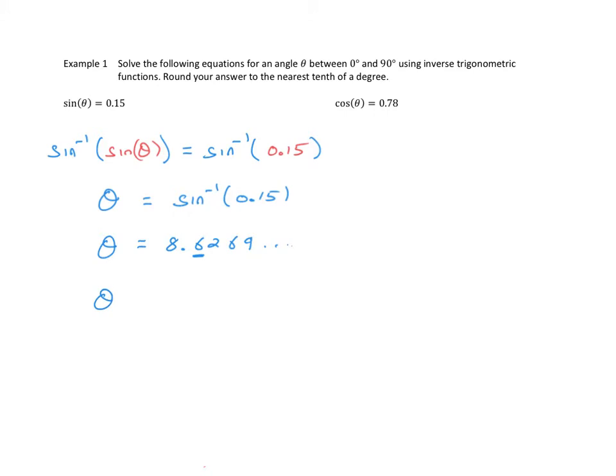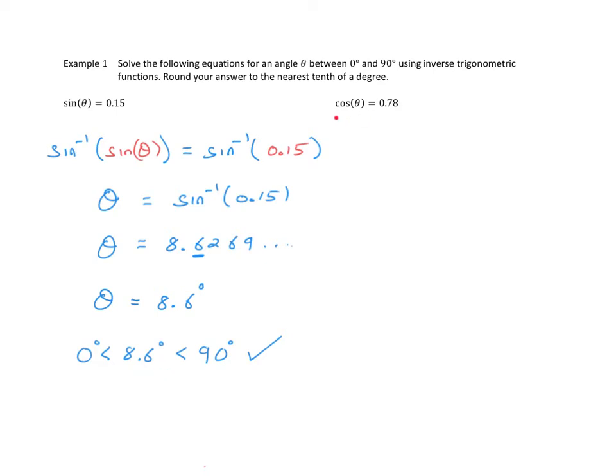Our answer is theta equals 8.6, and since my calculator is in degree mode, this is degrees. This angle meets the requirements in the question. It's greater than 0 degrees and less than 90. The way sine inverse was defined was to give us an angle back between negative 90 and positive 90 degrees. Since we have a positive number here, I knew we'd get a positive answer, and so everything worked out.